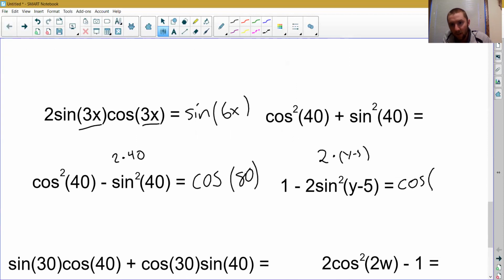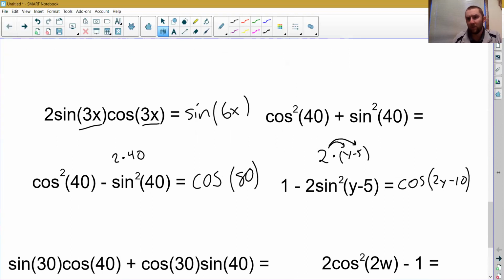So y minus 5, distribute, it's really the cosine of 2y minus 10. And I promise you, this is much easier to deal with in terms of solving equations than 1 minus 2 sine squared of y minus 5. Cosine of 2y minus 10 is way easier to use.